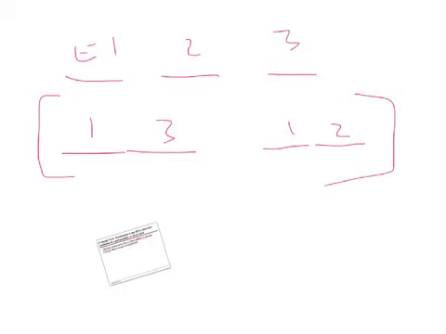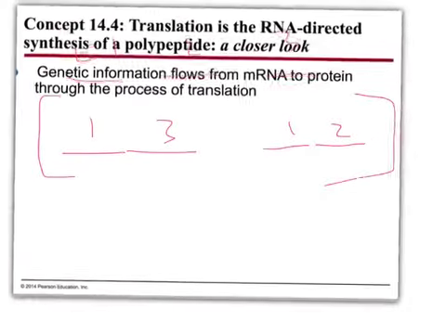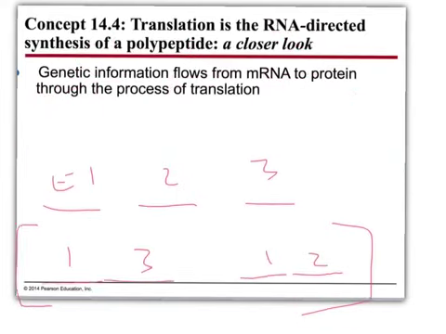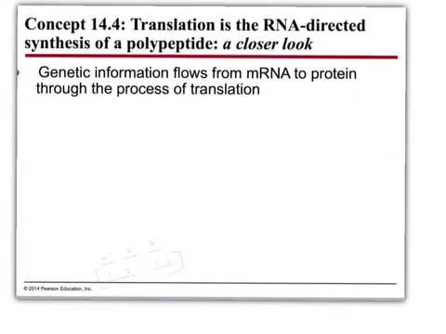Correct? All right, that catches us up to where we need to be. Now that mRNA is ready to leave the nucleus. It leaves the nucleus, and its next step is going to be translation. Right? Translation is an RNA-directed synthesis of a polypeptide.